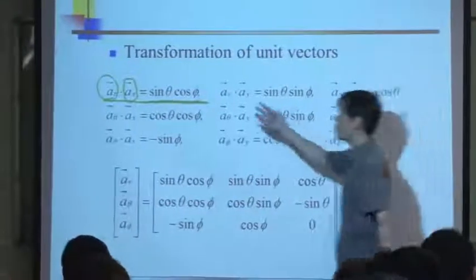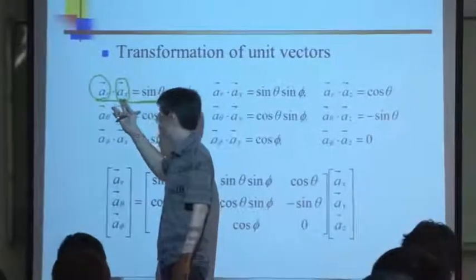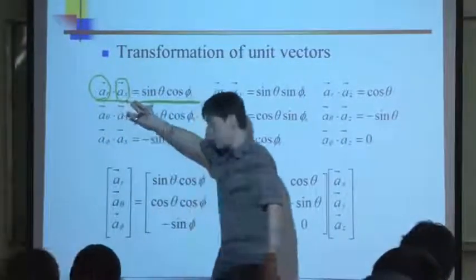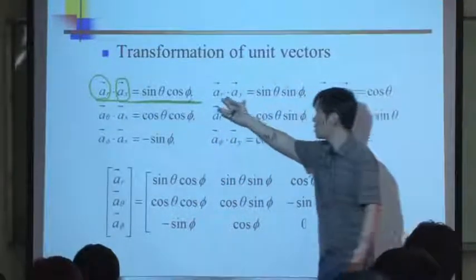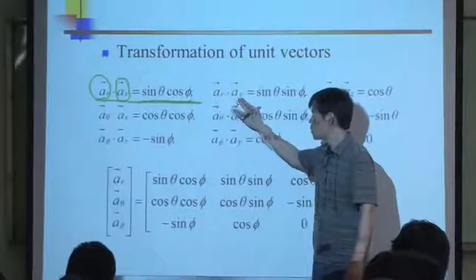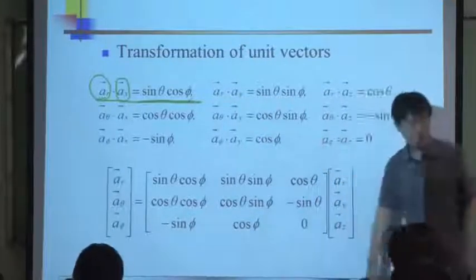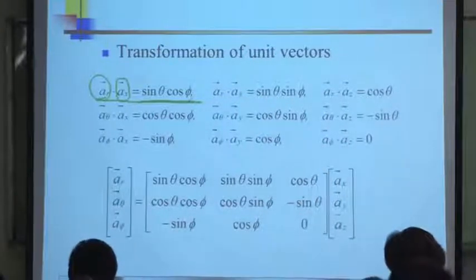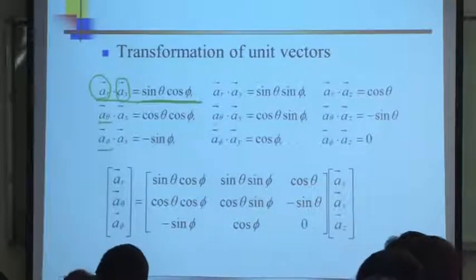So it is the AR vector projection onto the x direction, which is cosine theta, sine phi. And the AR vector projection onto the AY direction is sine theta, sine phi. So in this way, the other directions also can be done.